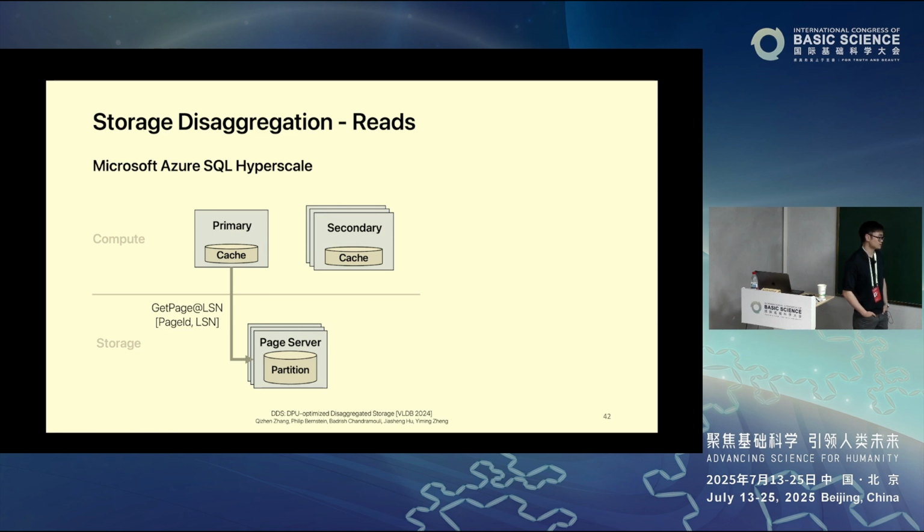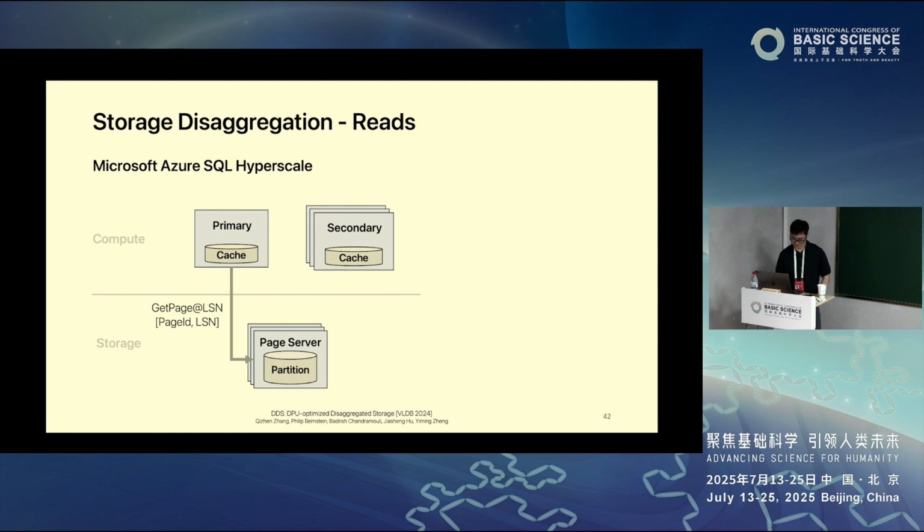This request consists of 2 fields: the page ID, which page I'm going to access, and also the LSN. LSN stands for log sequence number, which is basically a version of the page. I want this specific version of the page. This request will be sent to the page server that has the page.